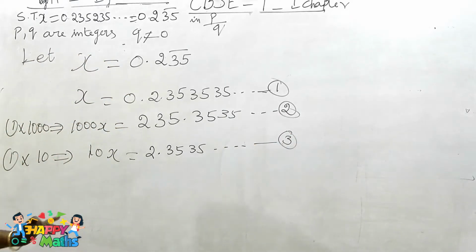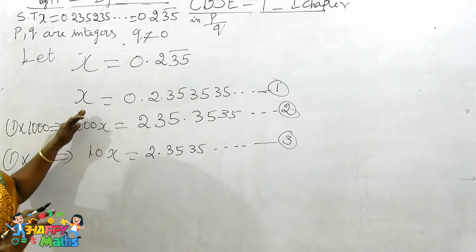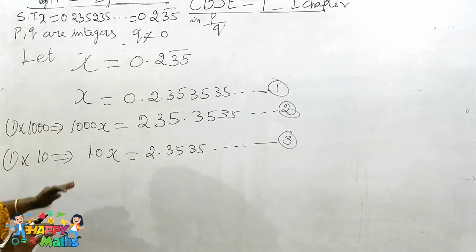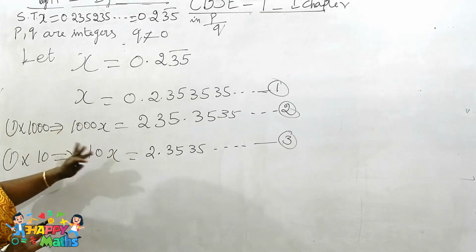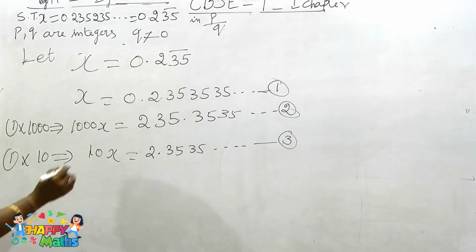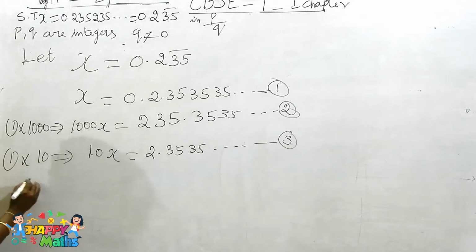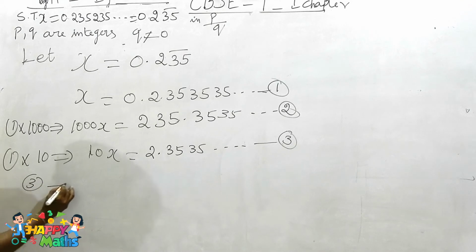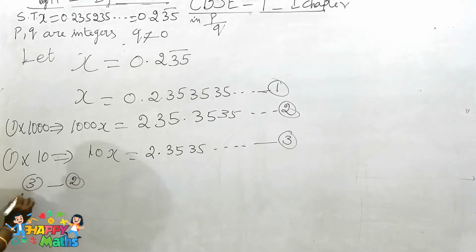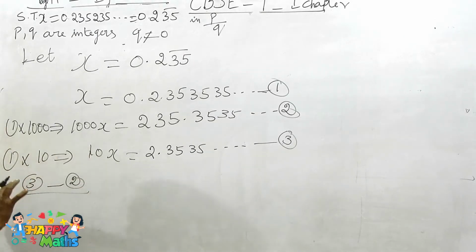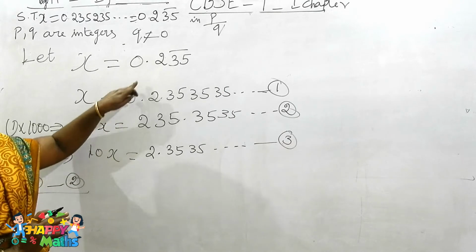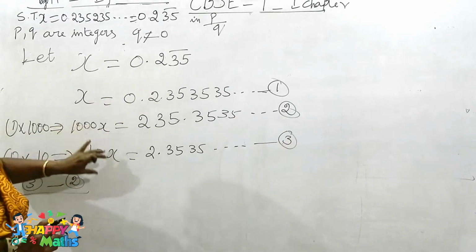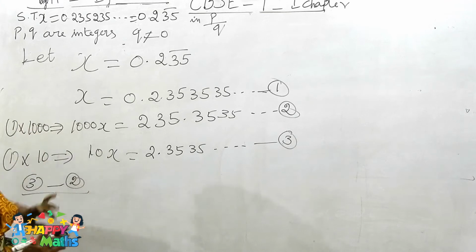Now we are not going to subtract 1000x by x. We are going to subtract this 10x from 1000x only. So how am I subtracting? First, let me write 3 minus 2. I am not going to touch this because of the one number left out. I want to subtract only 1000x and 10x.